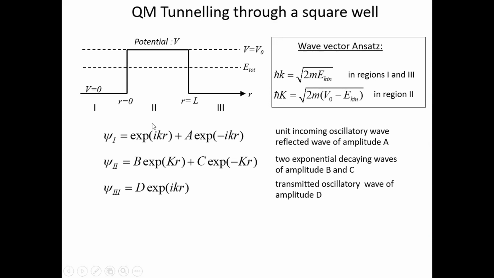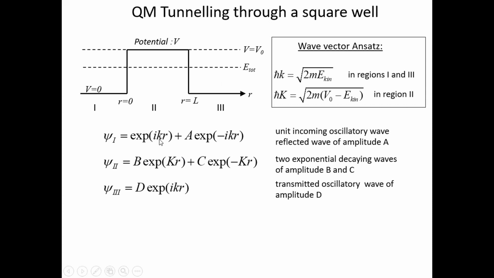If we look at the quantum mechanics of the square well, we see here the potential V is equal to 0 and the potential V is equal to V naught. And if the total energy is here, then we can write the wave functions for regions 1, 2, and 3.